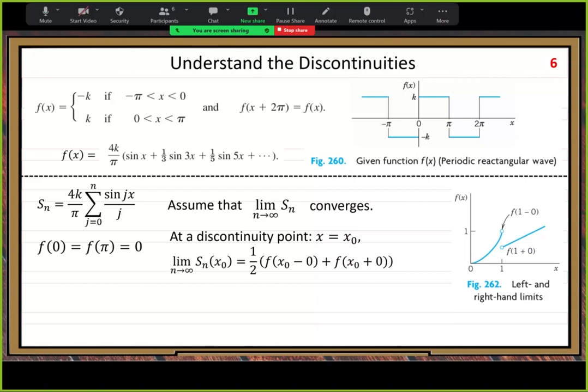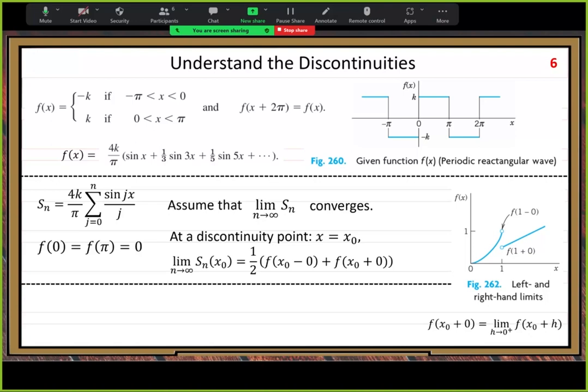For a discontinuity, these two numbers are different. The Fourier series takes as its value at this discontinuity point the average of these two numbers.